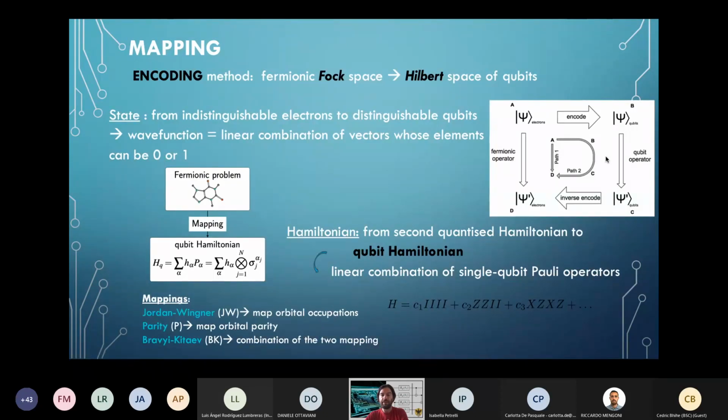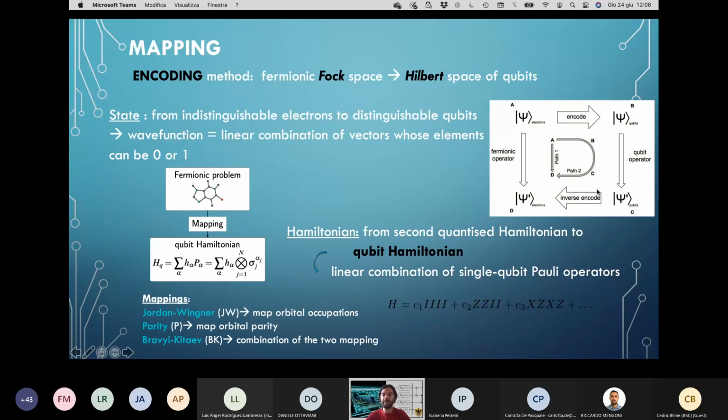Okay, now we have to go from the space of electrons to the space of qubits, and this can be done in different ways. The simplest way is the so-called Jordan-Wigner mapping. What is the Jordan-Wigner mapping?